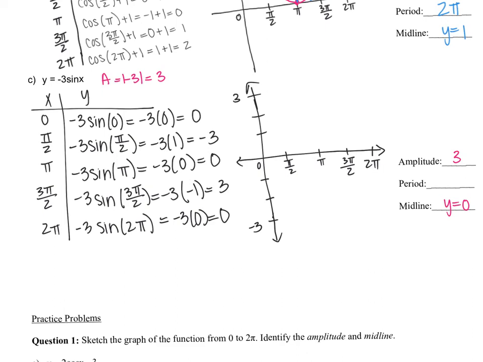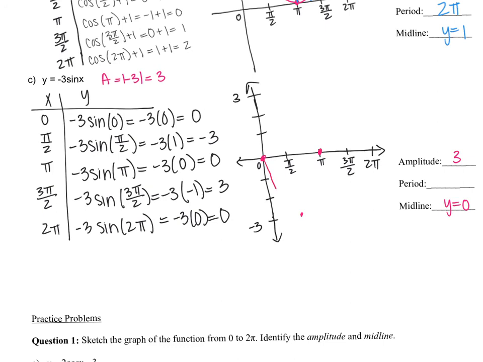Starting at this coordinate here, I have 0, 0. That's the origin, pretty easy to plot. At pi over 2, I have -3, so I actually go down this time. Which is interesting, because usually sine starts at the origin and then goes up, but this one went down first instead. Let's keep that in mind. Then at pi, we have it at 0, so back to the x-axis.